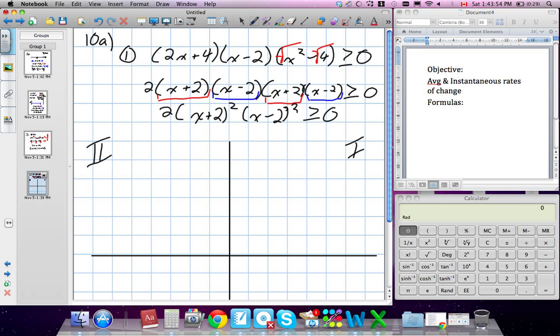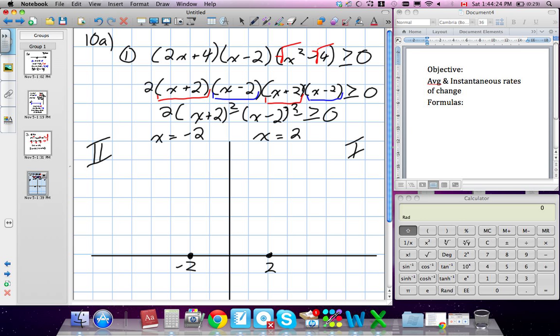And because these are both squared, our zeros or roots are going to be x touches negative 2 and x touches 2. Now, do you remember the rules of when they're squared? Yeah, it's a double point. So this is our negative 2 and this is our positive 2.